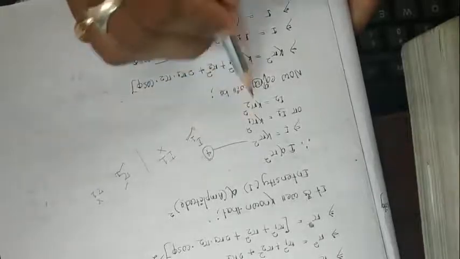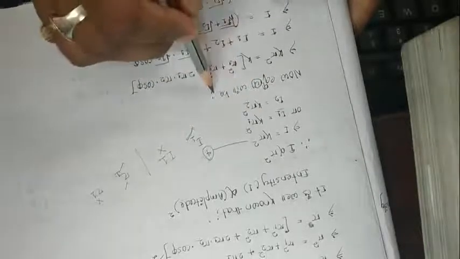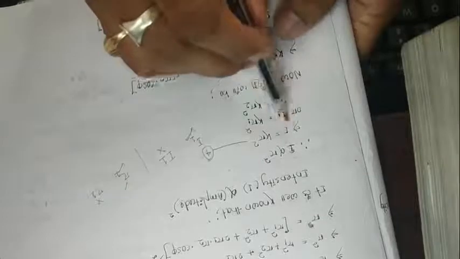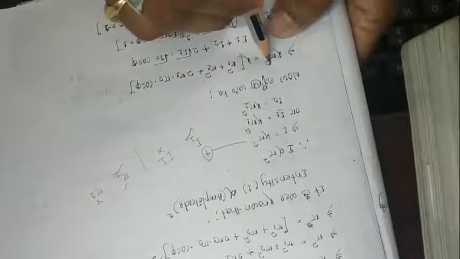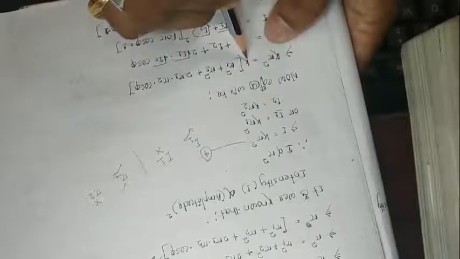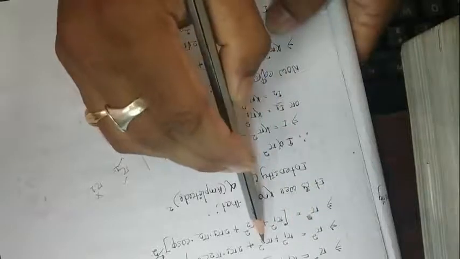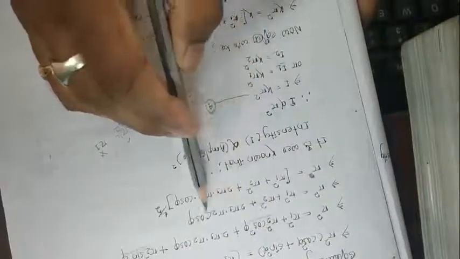Now, equation number 4 will be how much? I equal to K R square. K R square is equal to K into R square, which is how much? R1 square plus R2 square plus 2 R1 R2 cos phi. So K R square means K R1 square plus K R2 square plus 2 K R1 R2 cos phi. So K got cancelled.